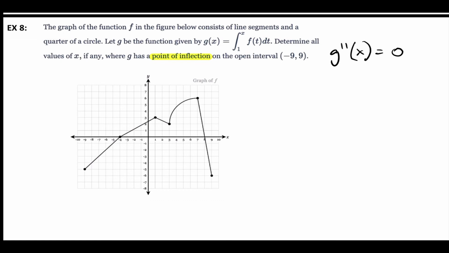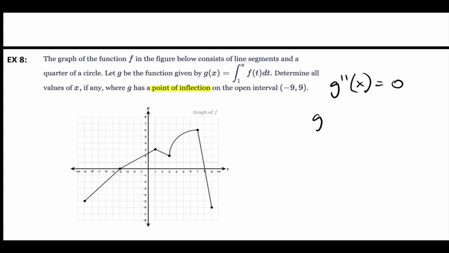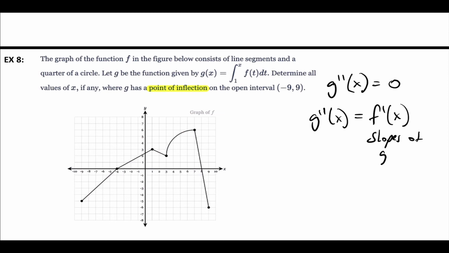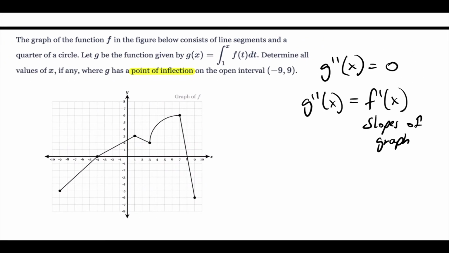Well, if G prime is F, G double prime is going to be the same thing as F prime, because G single prime was the graph, F. So G double prime is going to be F prime, which are the slopes of the graph. So we want to look to see where the slopes of the graph here are 0 or undefined, right?